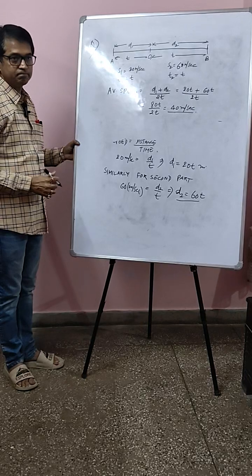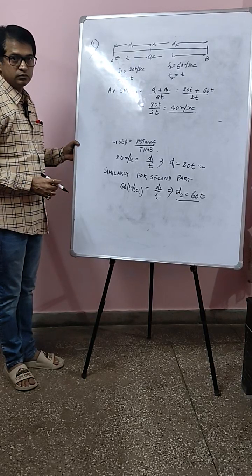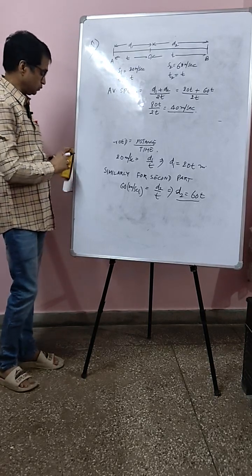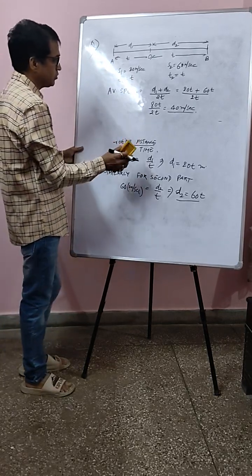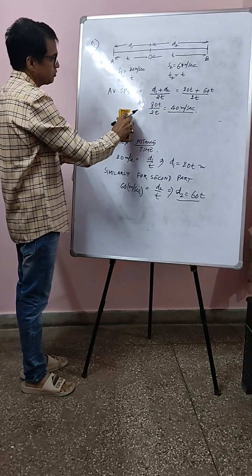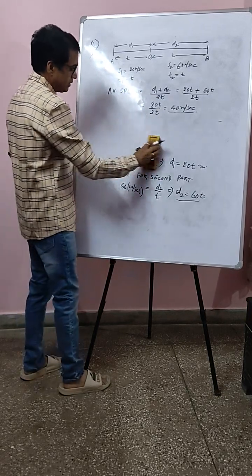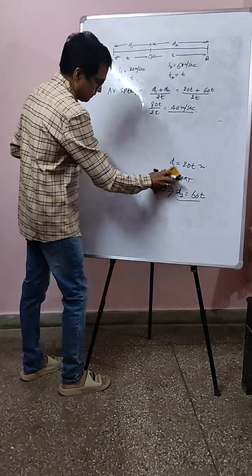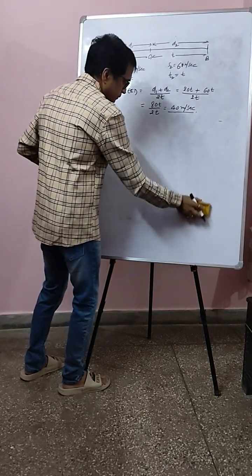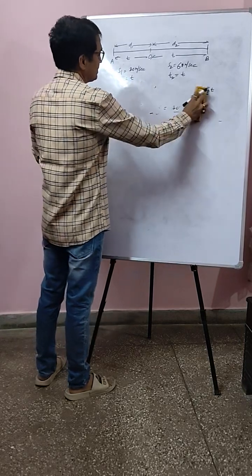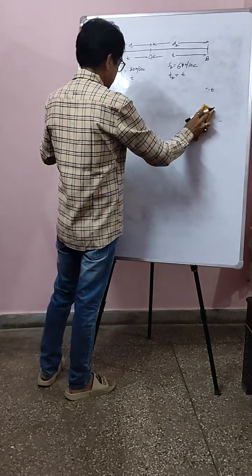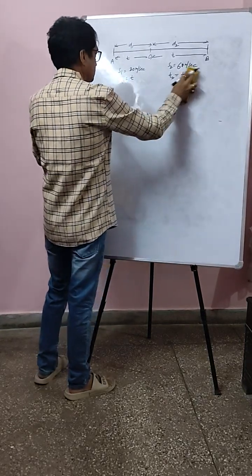Let's write it down: average speed equals D1 plus D2 upon twice T equals 40 meter per second. This is average speed: total distance upon total time taken.